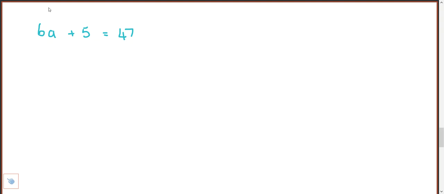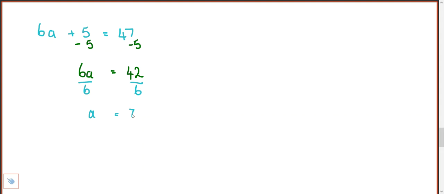So the thing we've got to do first is subtract 5. Subtract 5 from 47, so 6a equals 42. Then you divide by 6, and 42 divided by 6 equals 7. So we've got a equals 7.